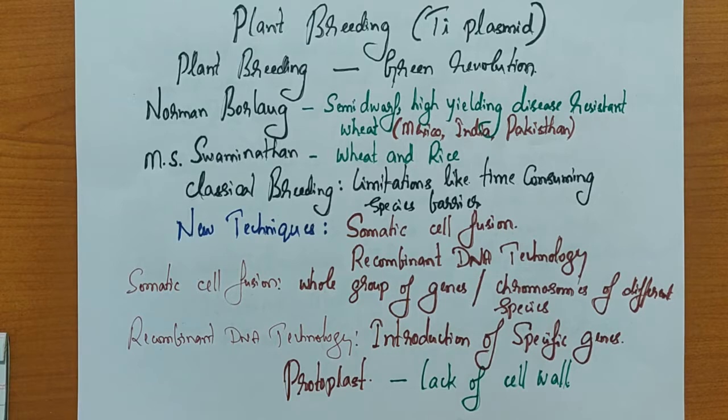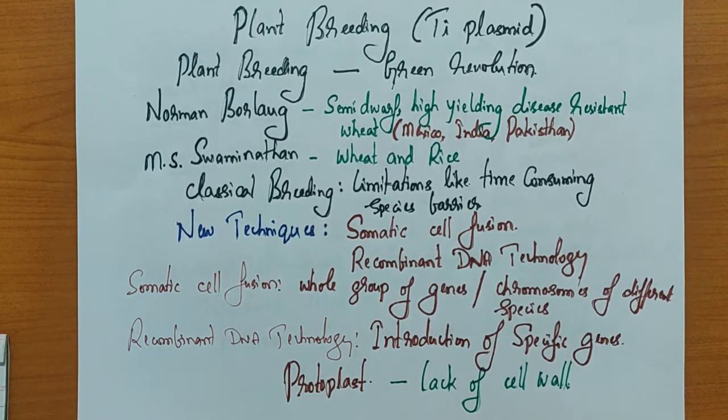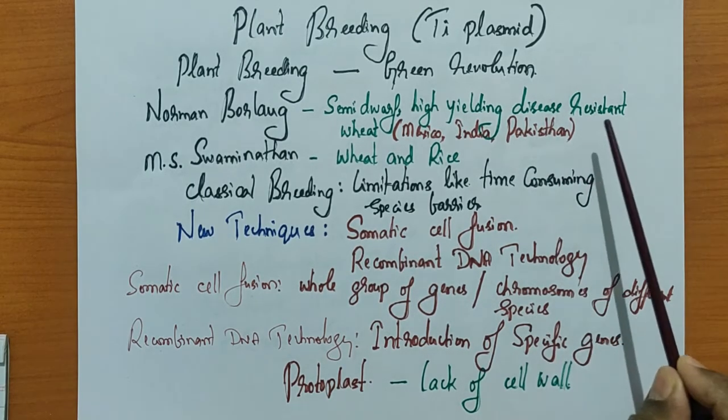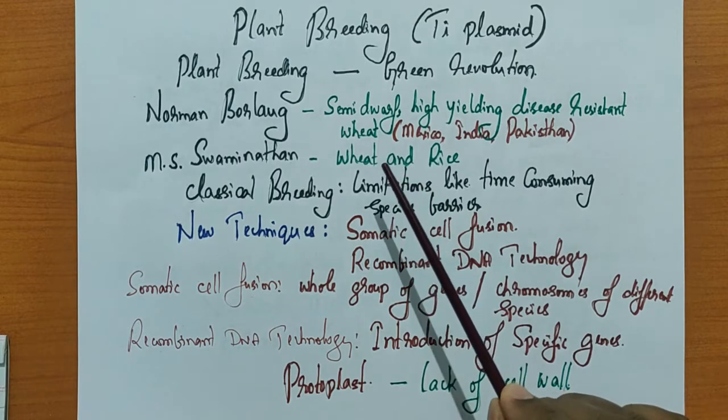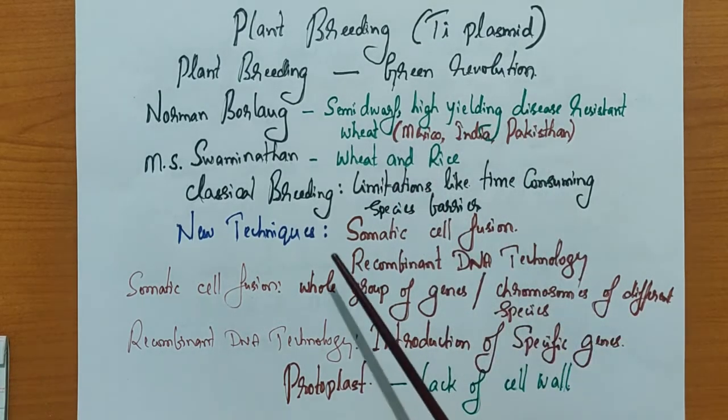He is the one who, with the help of plant breeding, developed several varieties. For example, his success is with the development of semi-dwarf, high-yielding, disease-resistant wheat. He coined the term Green Revolution.